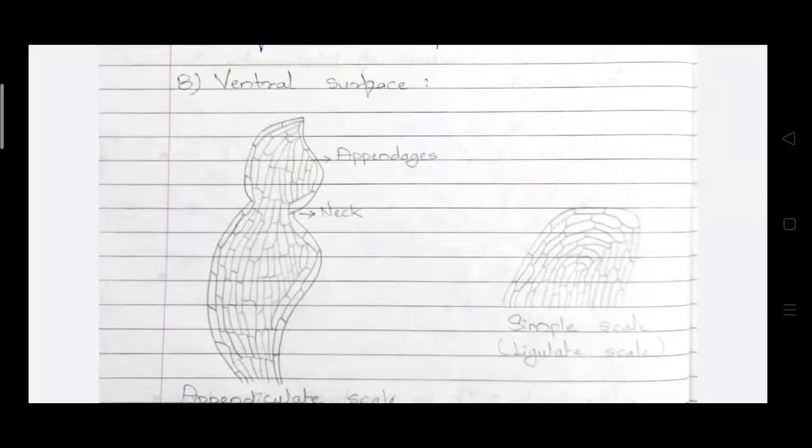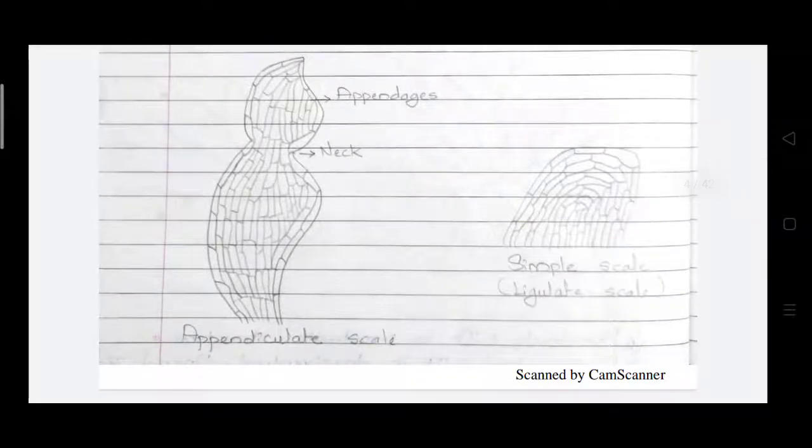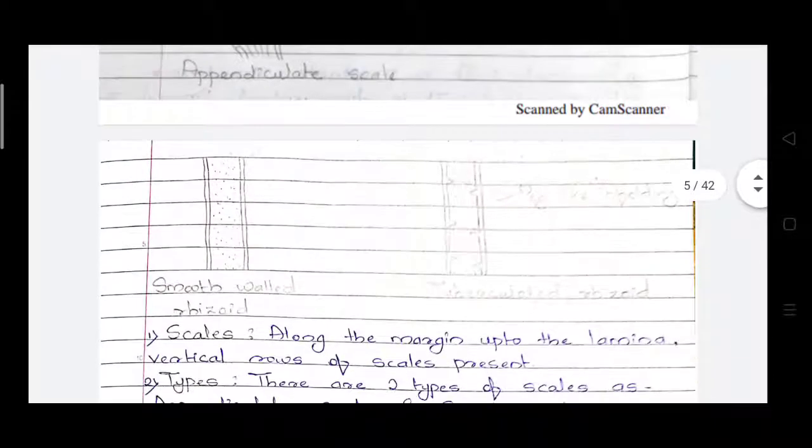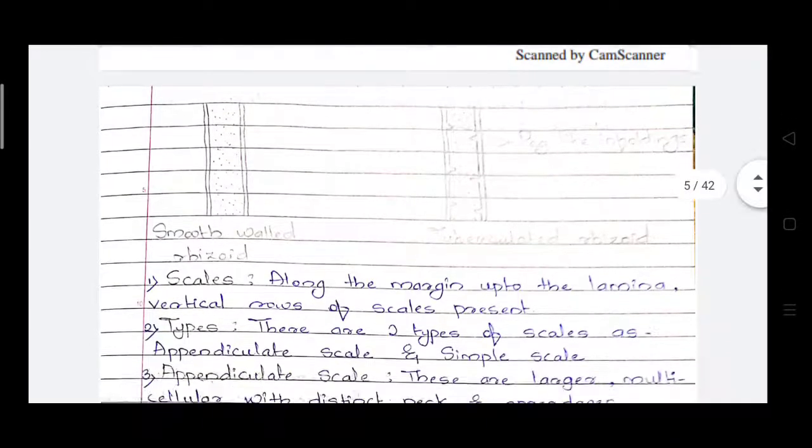Then next is the ventral surface. On the ventral surface there are appendiculate scales and simple scales. In the appendiculate scale there are appendages and a neck region, and in simple scales the ligulate scales are present. Also on the ventral side the rhizoids are present.